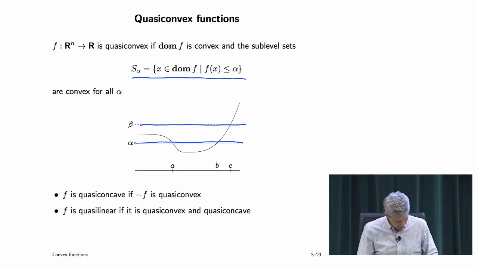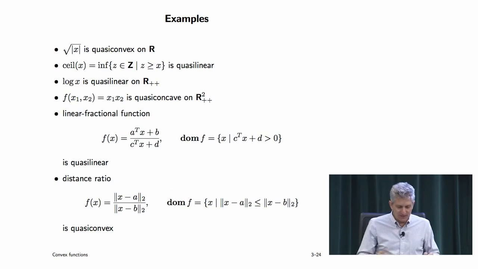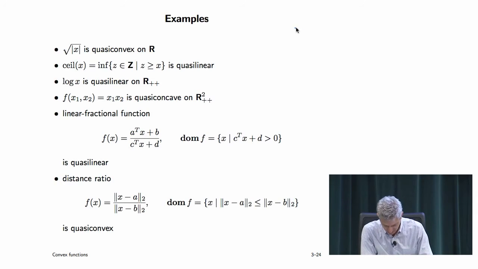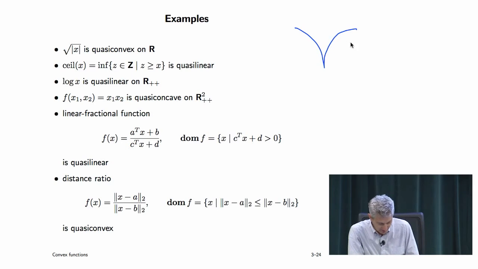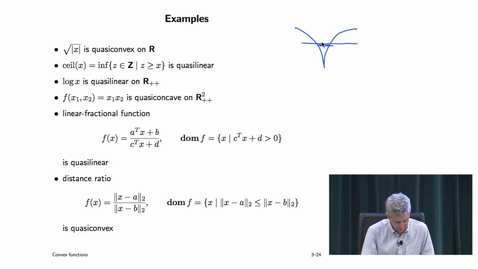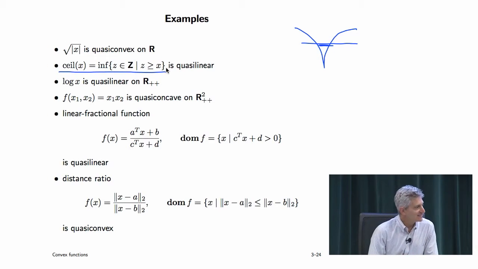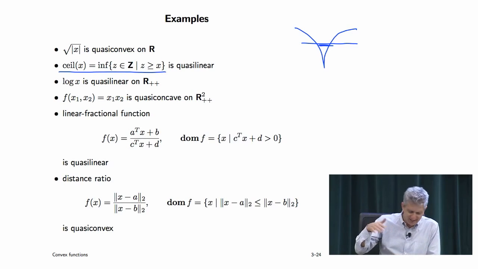Okay? So let's look at some examples. Well, the square root of the absolute value of x, that's a function that looks like this, right? And that is definitely not convex, and it's definitely not concave, but it's quasi-convex, right? Because sublevel sets, if you draw a level here, is just an interval. So you're okay. Here's one, the ceiling. That's the integer part, or the integer that's bigger than the given number.